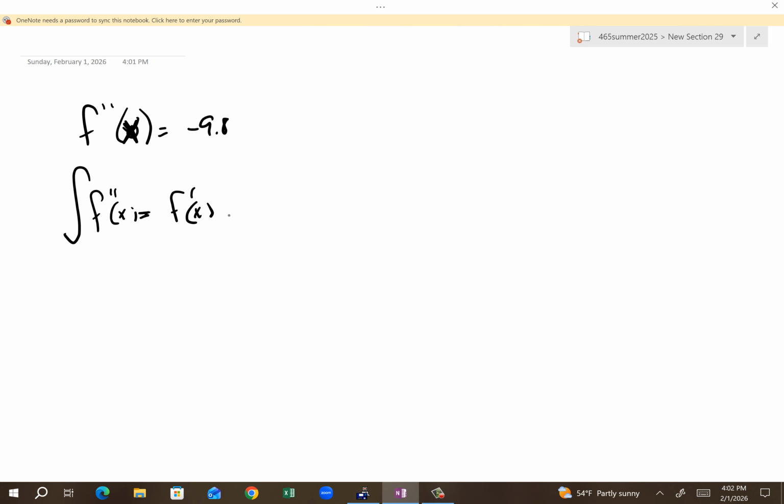Now, we'll build into something going forward later on. For instance, suppose I told you that f double prime of x is equal to negative 9.8. The antiderivative of that, of course, is f prime. Well, that's the antiderivative of negative 9.8.